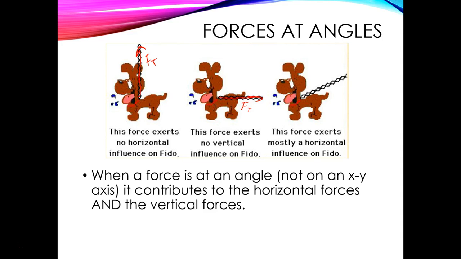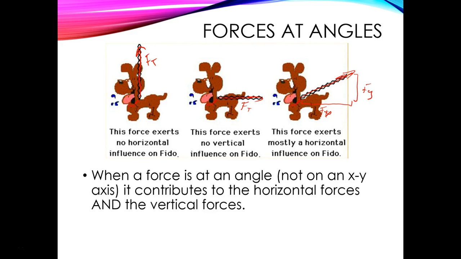However, more often than not, our forces are going off at an angle. In this case, our tension force goes off at an angle. It's not horizontal, it's not vertical. This force has an x component and also a y component.